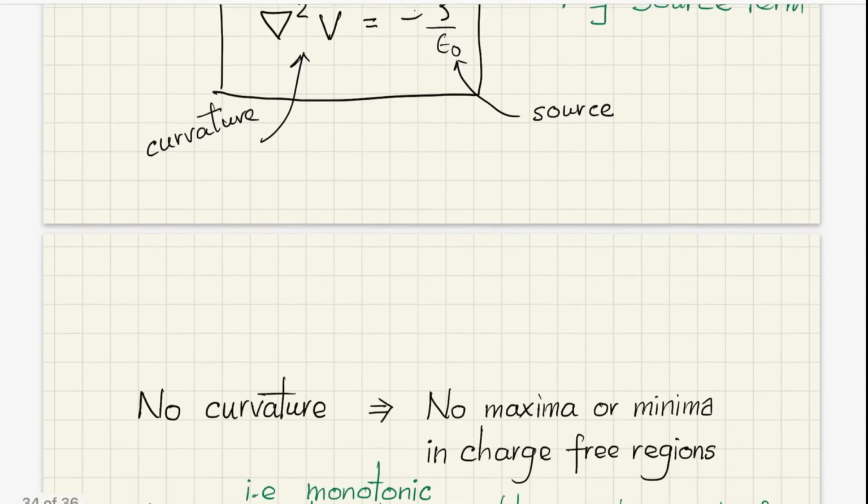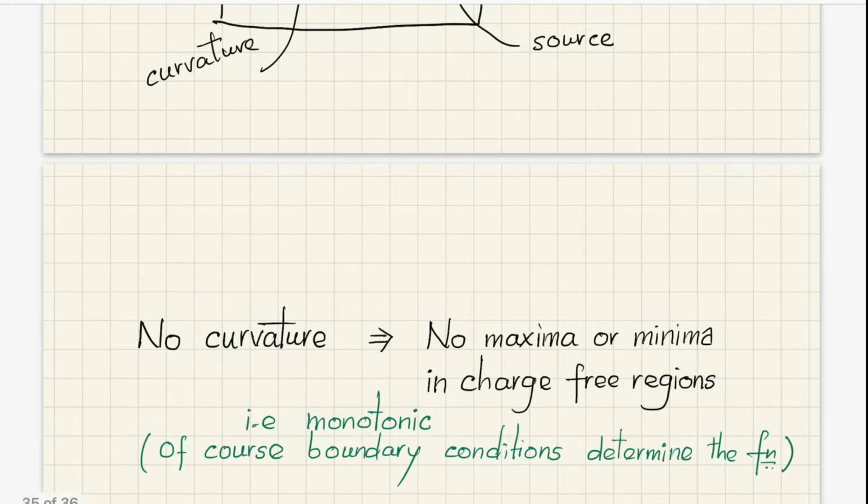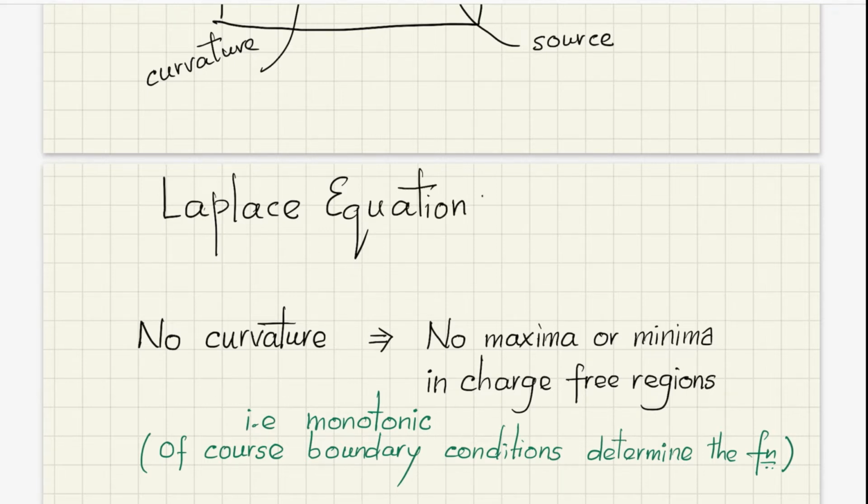Now let me go over to a special case of the Poisson equation, the Laplace equation. The Poisson equation involves a Laplacian, but in the case of electrostatics, the Laplace equation will be del square V equals zero, with no source term. That is, in regions where there is no charge. Does it mean that the electric field is zero?